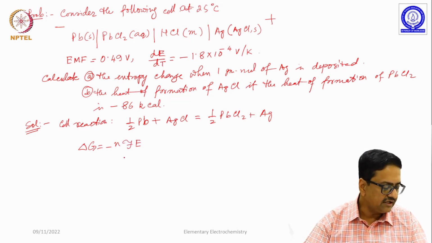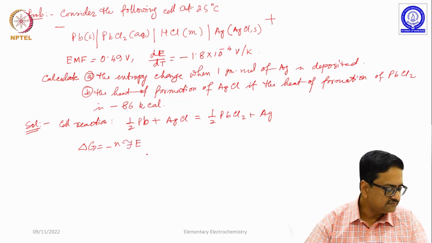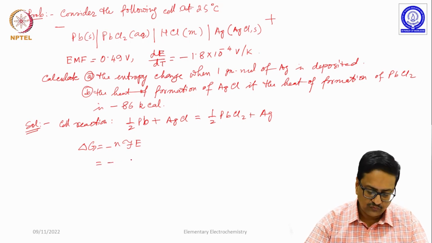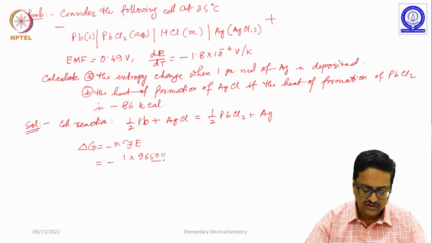When you replace these values, what you get is minus 1 into 96500 divided by 4.2 into 0.49 calorie.